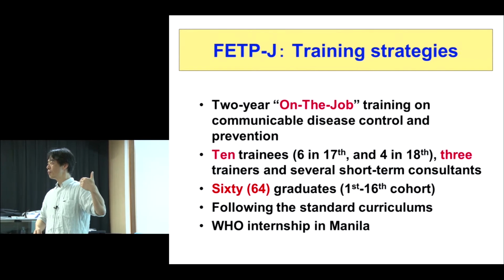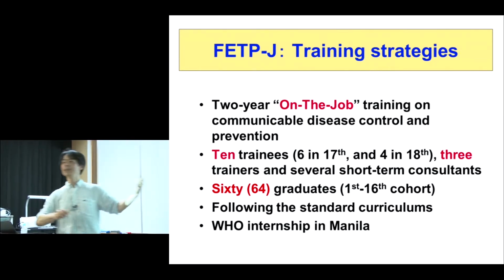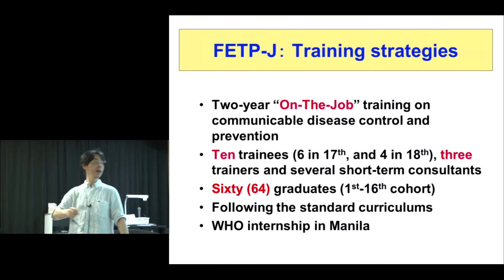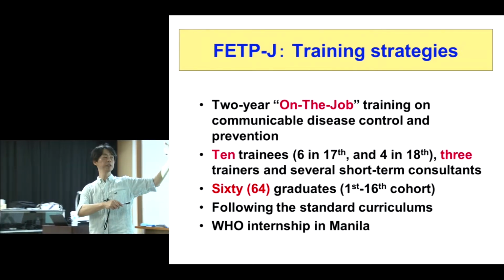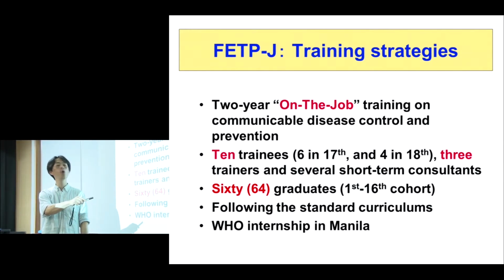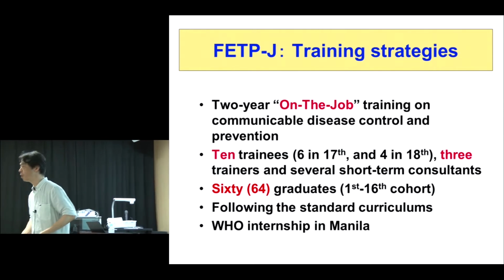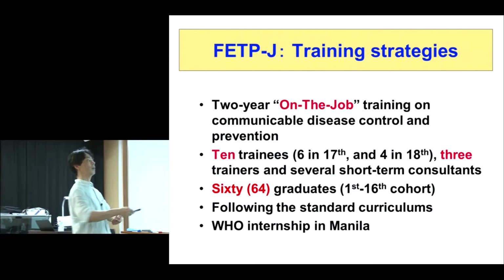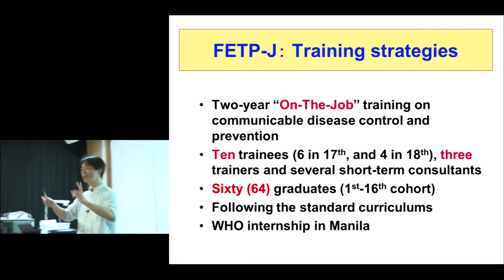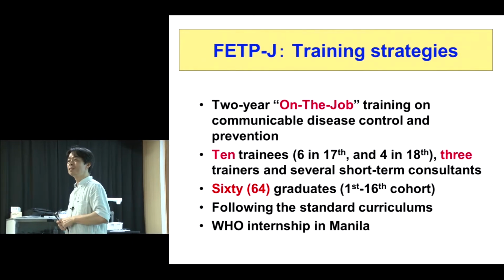As I mentioned, we started in 1999, with a 2-year program. This year we have the 17th and 18th cohorts at the National Institute of Infectious Diseases. But the numbers are small. The capacity of the team is a problem.